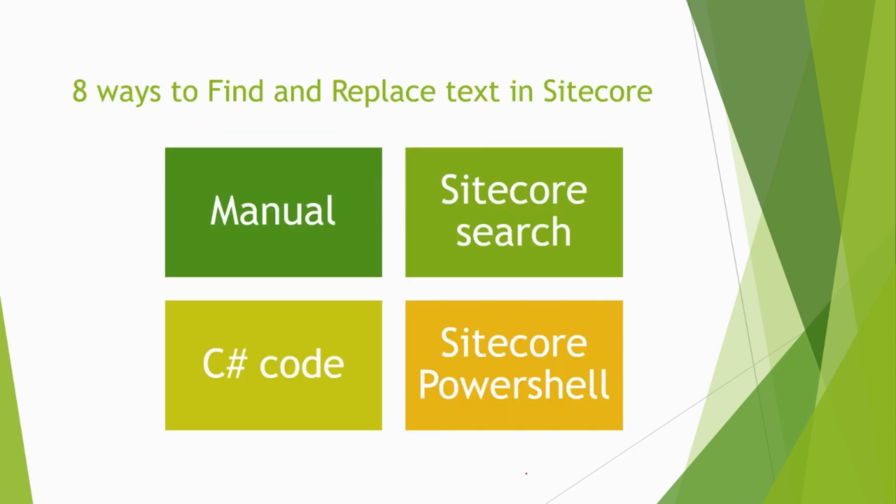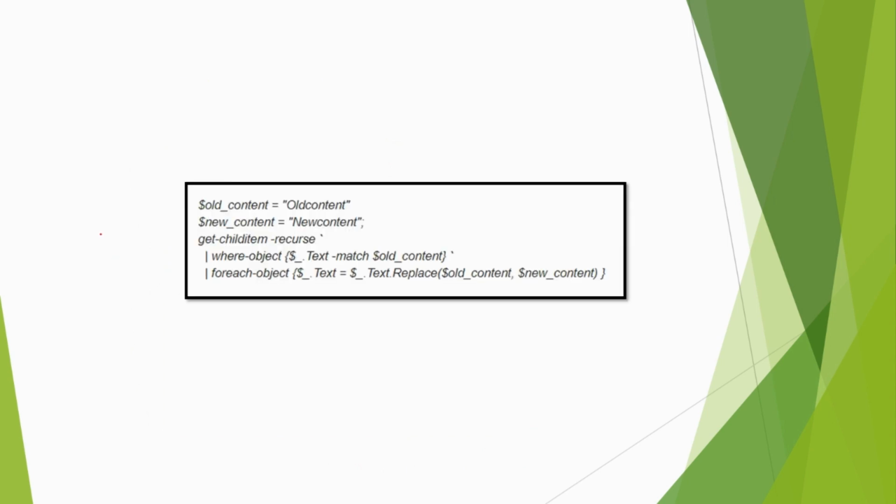The next option is Sitecore PowerShell. You can write the PowerShell command. It's one line of command where you provide the old content and the new content, and it will find and replace all those contents.